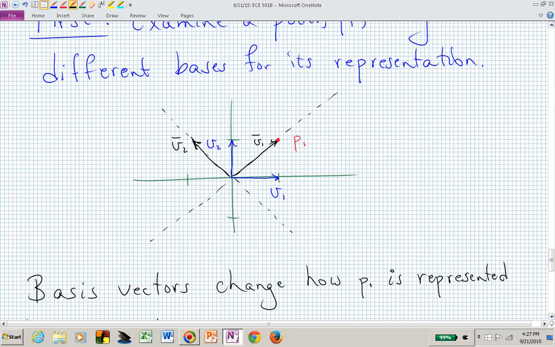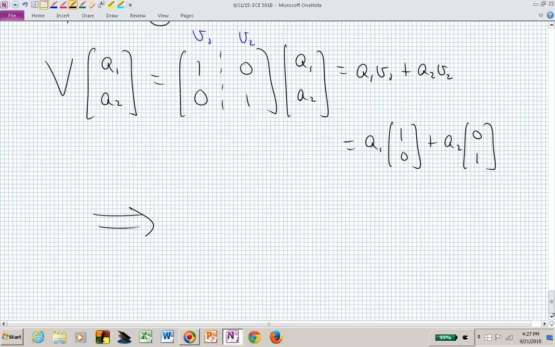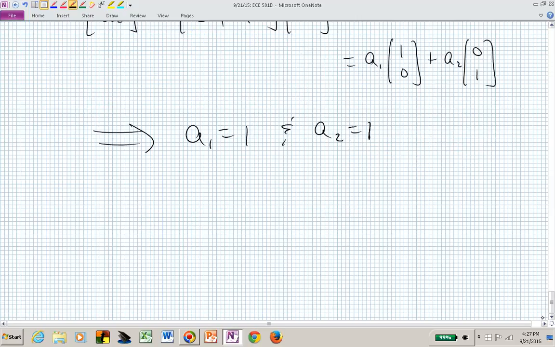We need each of those to be weighted by 1, don't we? We need A sub 1 to be 1 and A sub 2 to be 1. That gives us our representation of P sub 1 in the basis set V as A1, A sub 2. That's what I'm saying here.